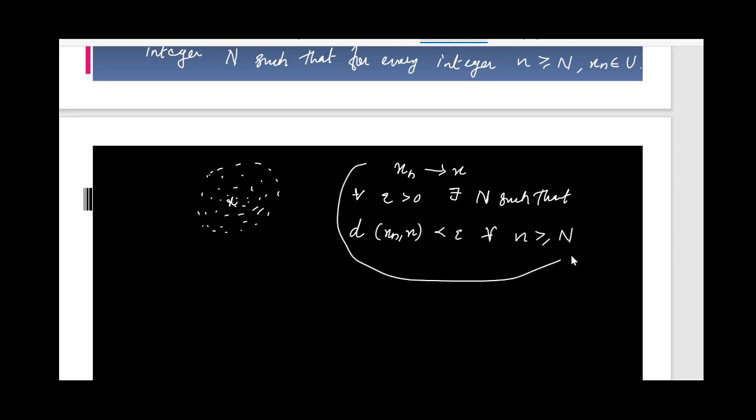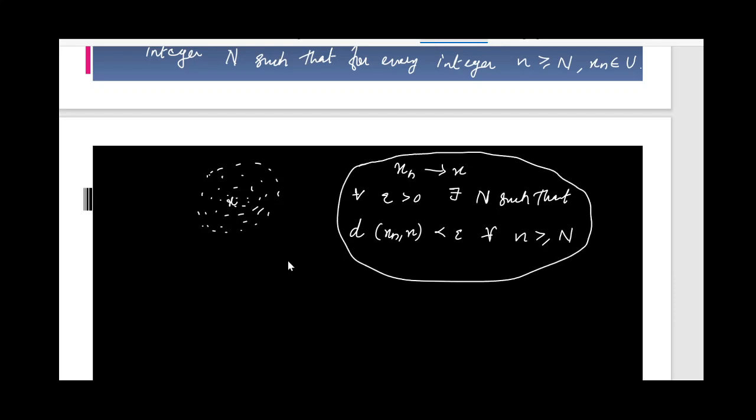That is, xn is said to converge to x if for every epsilon greater than 0 there exists an N such that d(xn, x) is less than epsilon for every n greater or equal to capital N. This was the idea you have studied in a real analysis class.